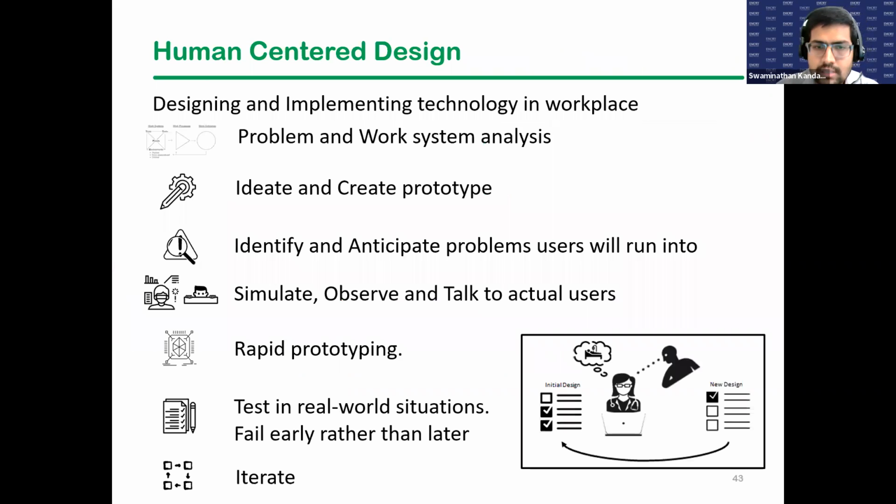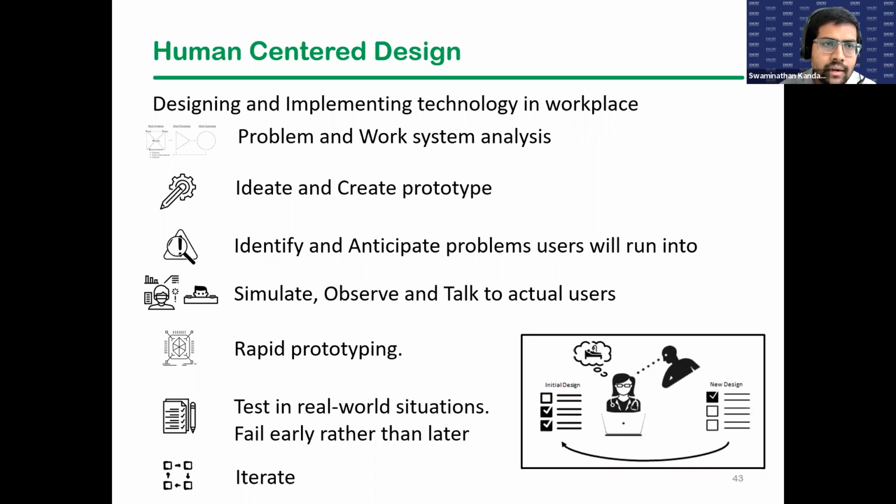Okay, so the whole process that I have shown some examples in bits and pieces. So I want to reiterate what the whole process looks like. So we want to start with the problem, understand what the problem is, do a workflow and work systems analysis.